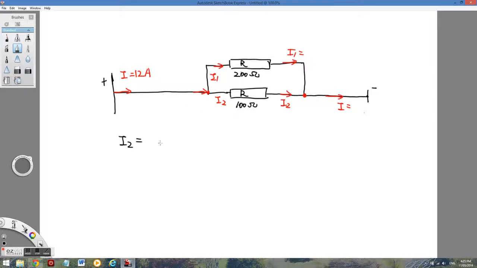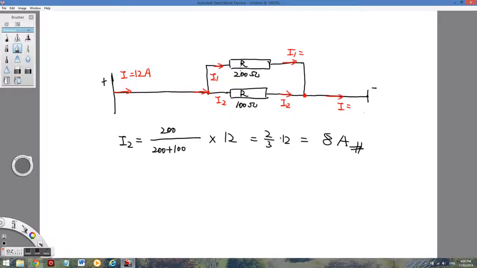Let's do a fraction to make it easy. We have two resistances, 300 ohms altogether. Two thirds of the current will go through I2 because the resistance is low, which will be 8 amps.